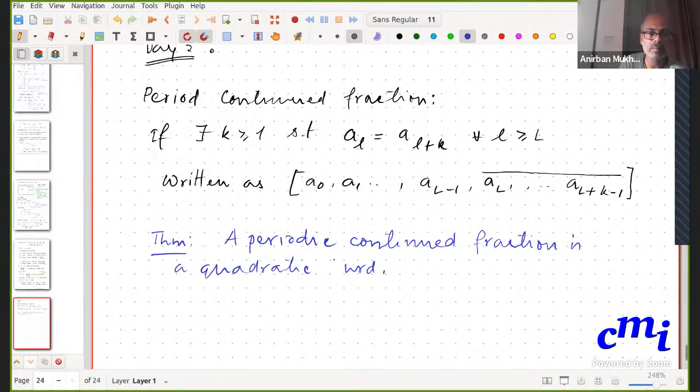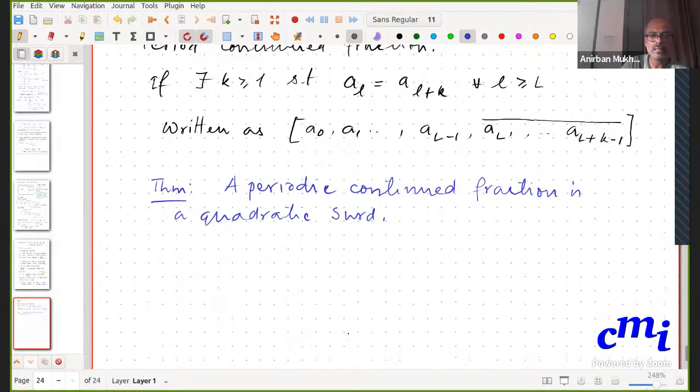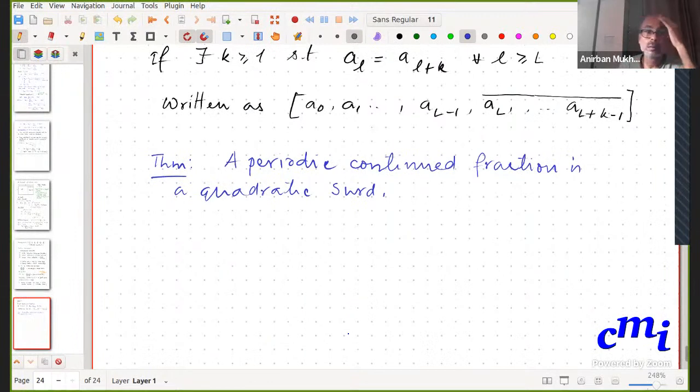That means it's a real root of a quadratic equation with integer coefficients. So let's see that. So proof.